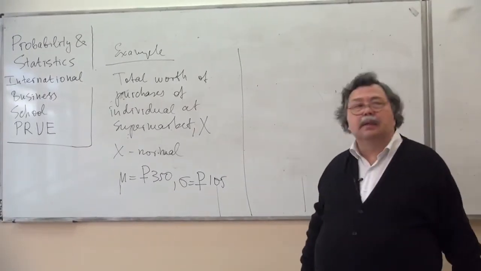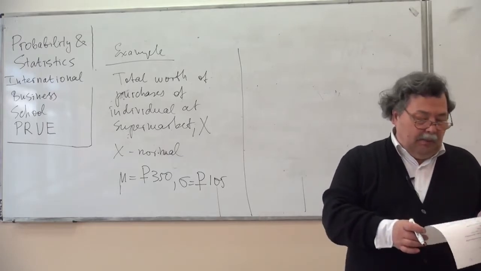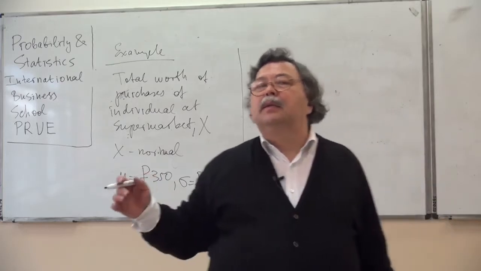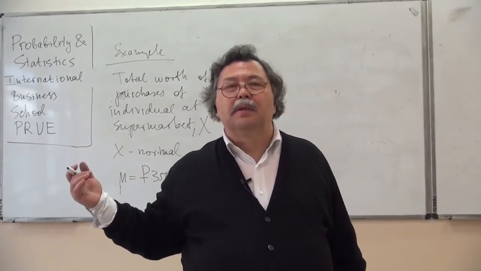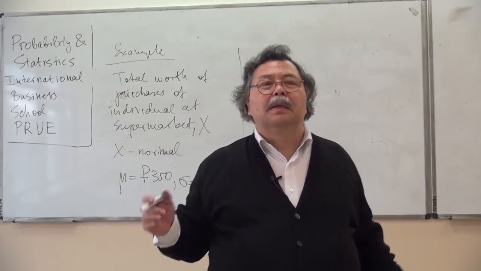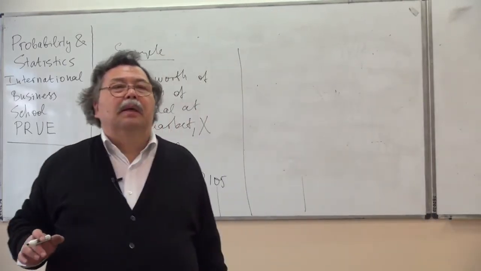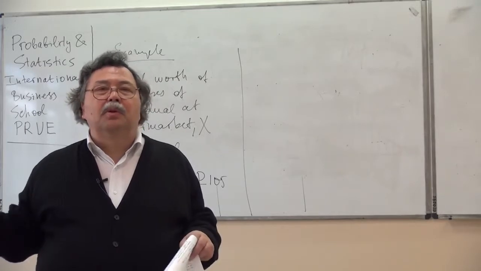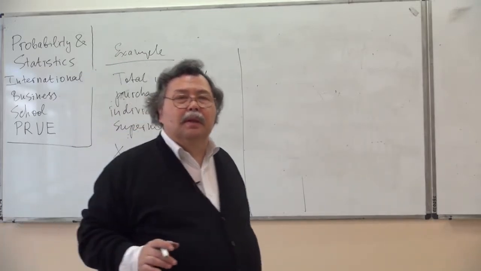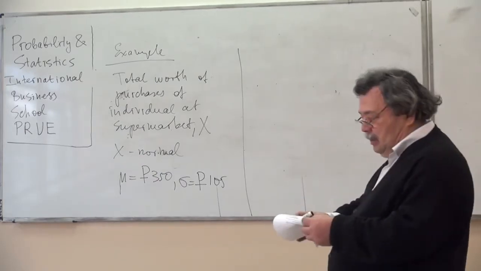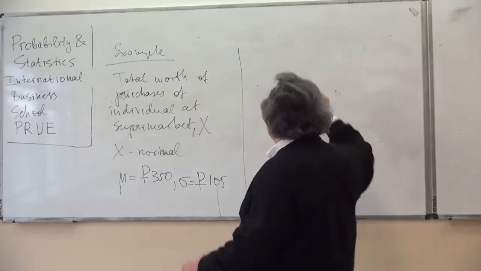Good. So we deal with a random variable that is normally distributed with mu equal to 350 and sigma equal to 105. Suppose the company that contracted you to carry out this research is interested in the extremes. What proportion of all the people buy very little, and what proportion of all the customers buy a lot? Okay. Let's answer some specific questions.